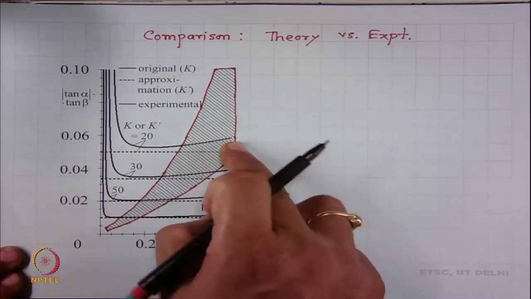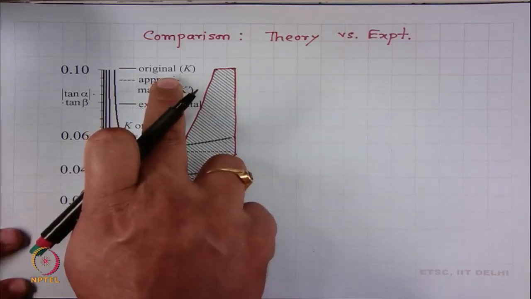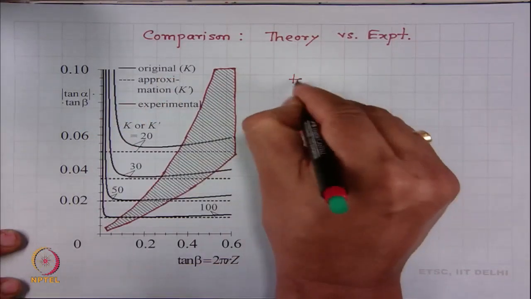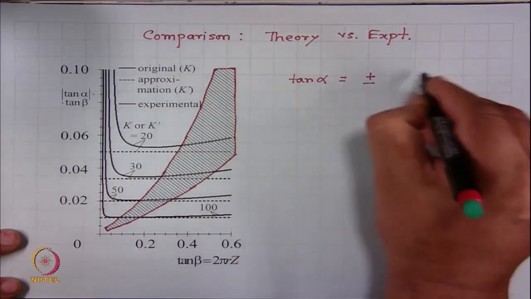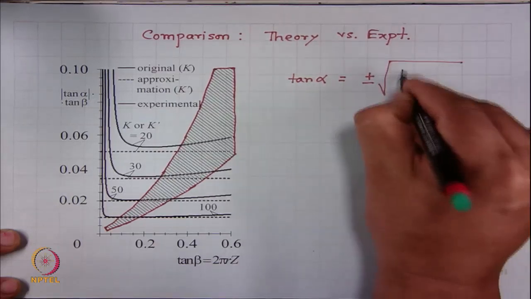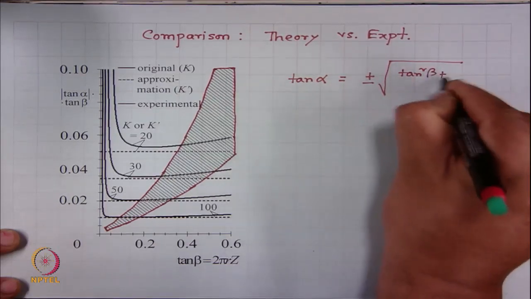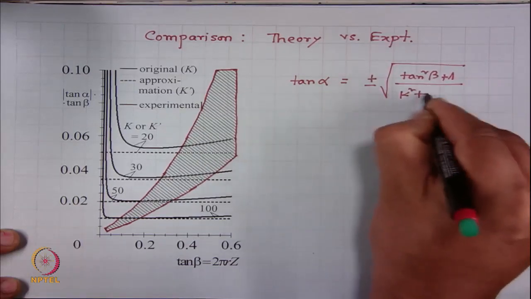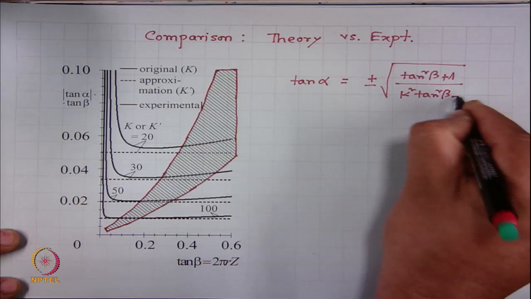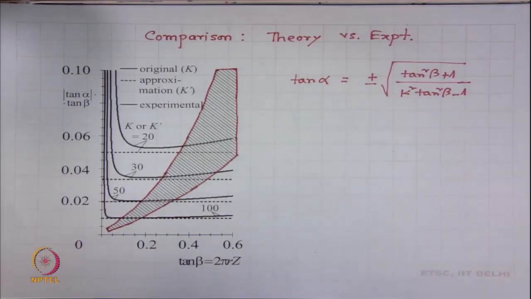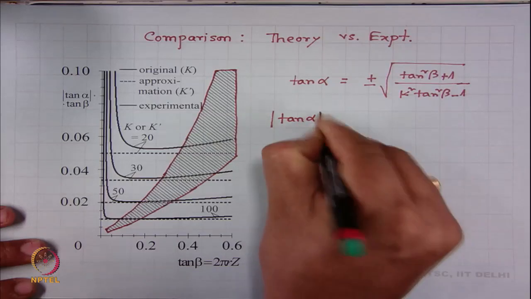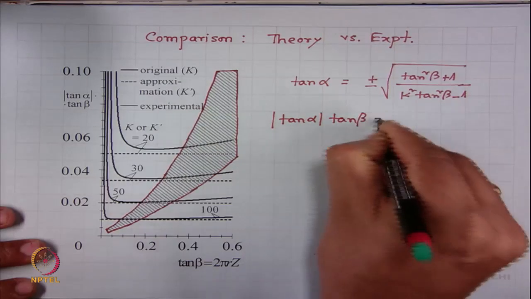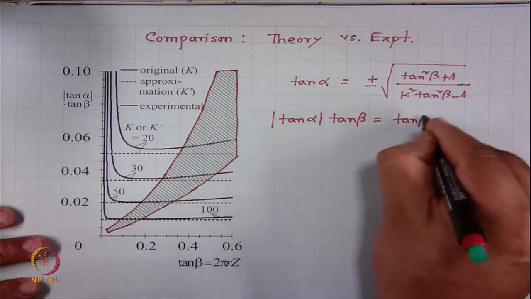The thick continuous curve is the original, fundamental expression. What was that? Tan alpha was equal to plus minus square root of (tan square beta plus 1) by (k square tan square beta minus 1), is it not? That was your original expression. Now, if we take the absolute value into tangent beta, it is tangent beta into this.